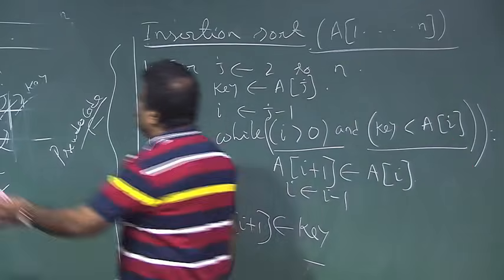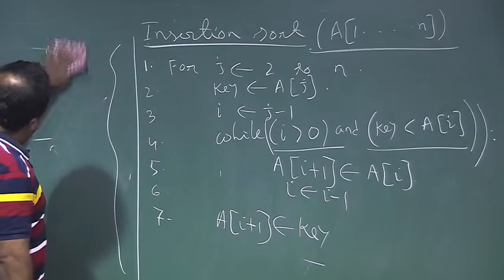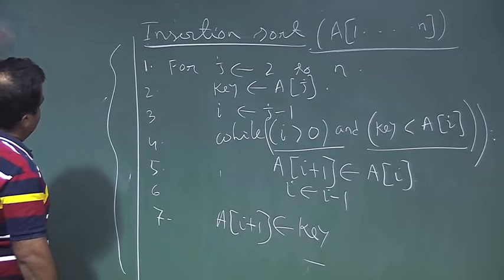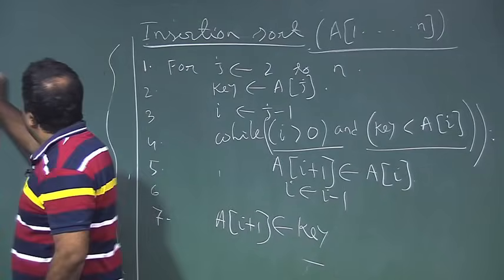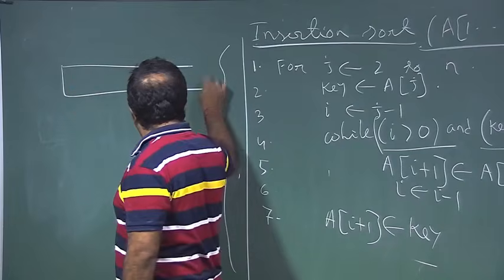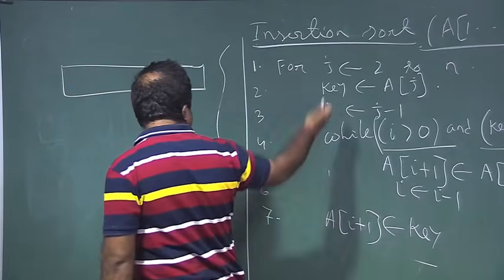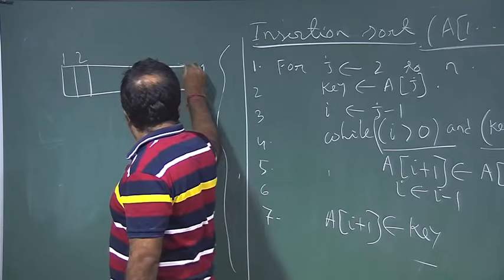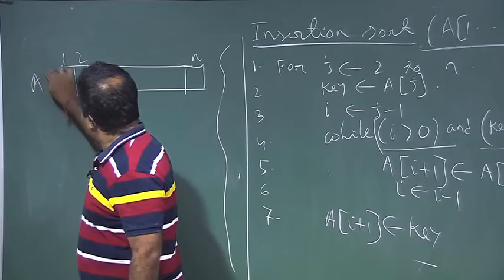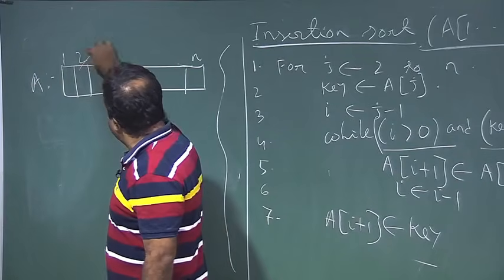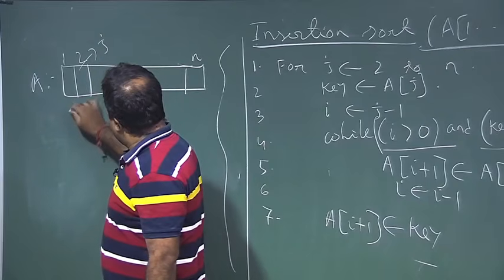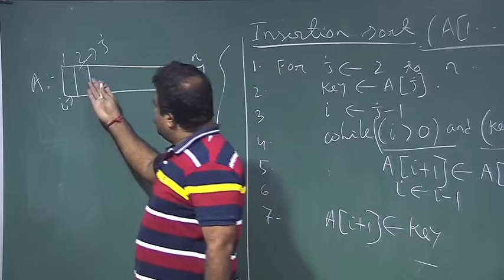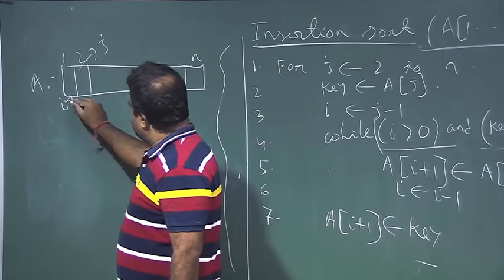Now we want to take an example to see how it is running, and let us just recall again what we are doing. This is 1, 2 up to n, this is the A array. Now we start j here, and i is pointing here, i is j minus 1, because if we start like this, this is one element, which is already sorted.